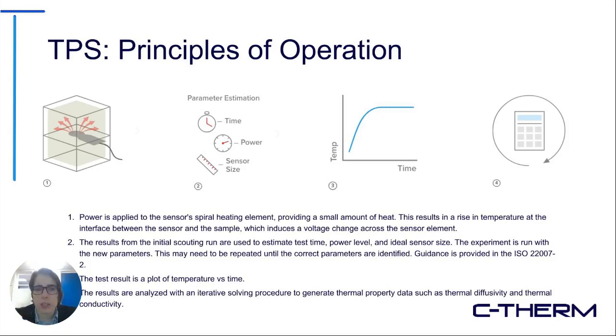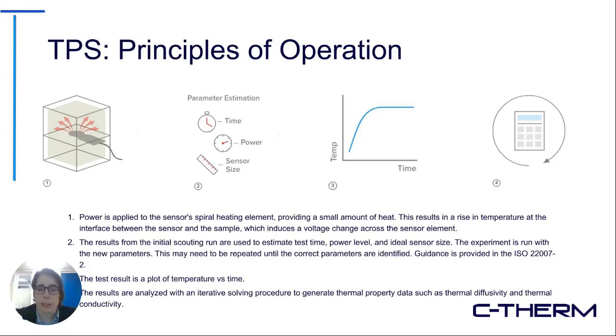After you run your scouting run, the software is going to analyze the first temperature versus time curve and report some preliminary data. And you use the preliminary data to optimize your time and your power parameter selection and rerun the test.